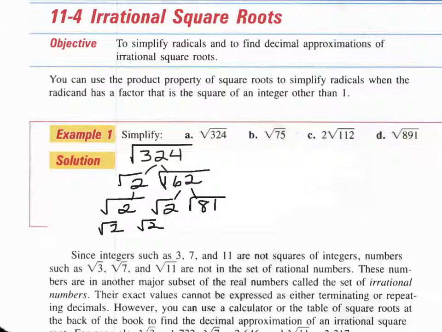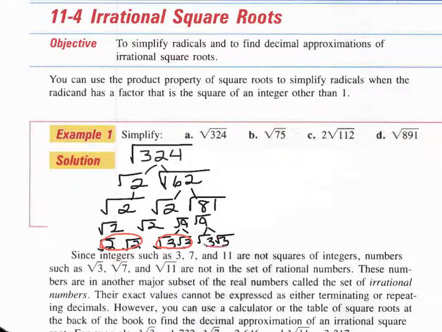But I'm going to keep breaking it down until I finally get prime numbers. So 9 times 9 is 81. And then keep breaking it down. 9's still not prime. Break both of those 9's into 3's and 3's. So now I have a bunch of prime numbers, and again, I want to make pairs of these. So what I'm going to do is pair them up.